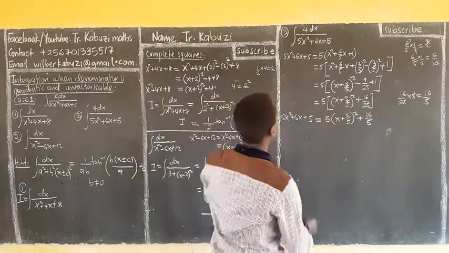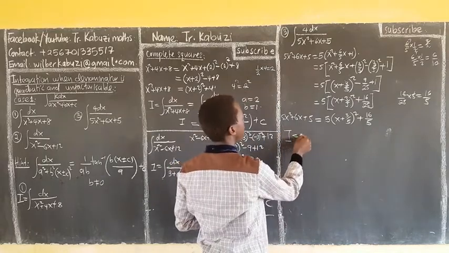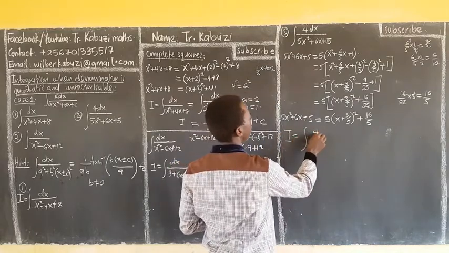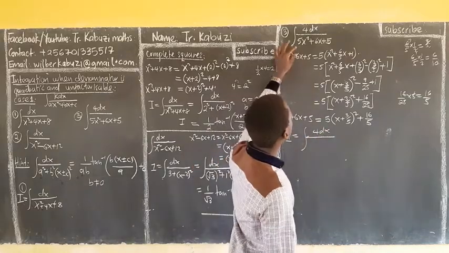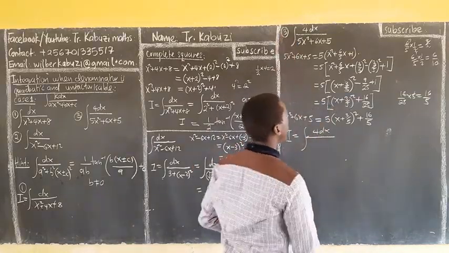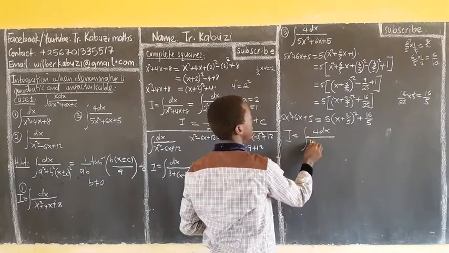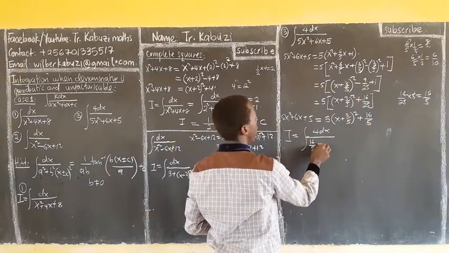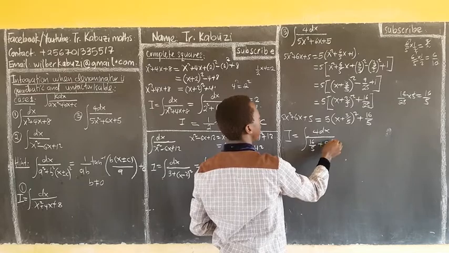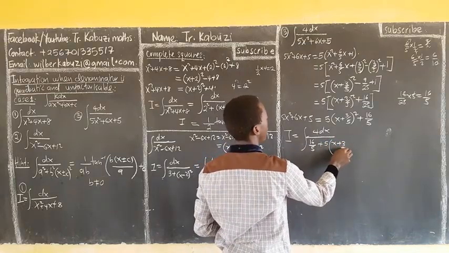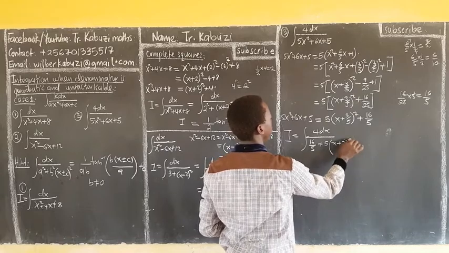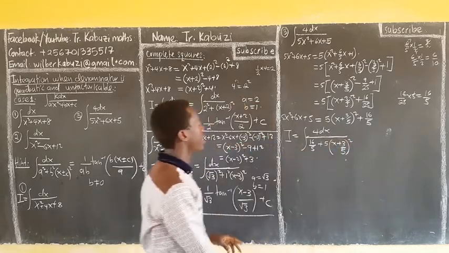So now my integral there will be the integral of dx over, now where is the whole of this, I'm going to put this, and allow me to start with this, so 16 over 5, then plus 5 into (x plus 3 over 5), the whole squared.